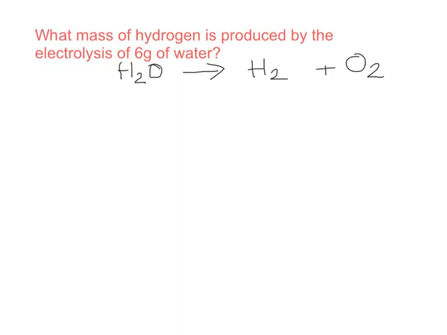So we have to produce an O2, so we're going to have a 2 in front of the water, which means we need to make 2H2 there. So let's think about what this equation means. This equation is telling me that 2 moles of water produces 2 moles of hydrogen gas and 1 mole of oxygen gas.